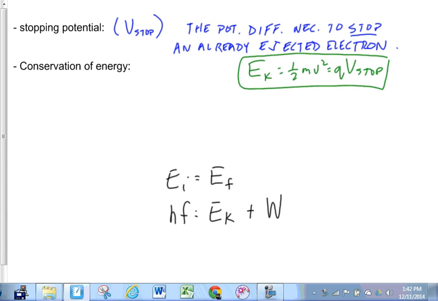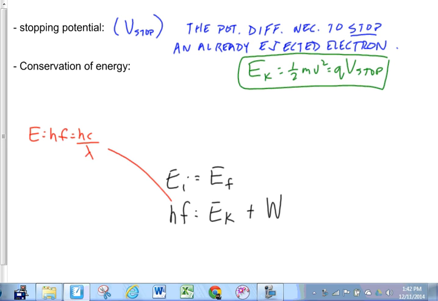Now, what we're going to have to do sometimes is replace terms in this equation with other equations that we've already seen. hf, for instance, could be replaced with hc over lambda, because they mean exactly the same thing.